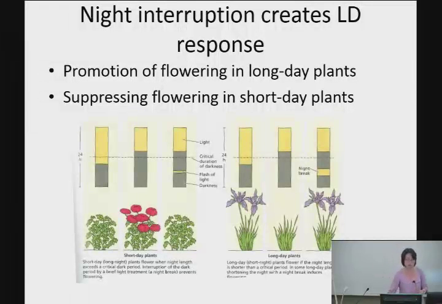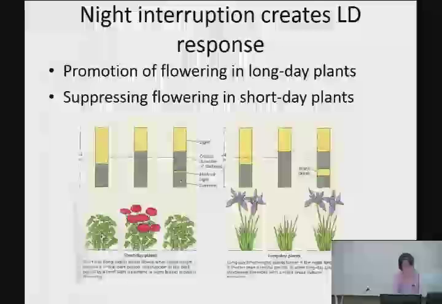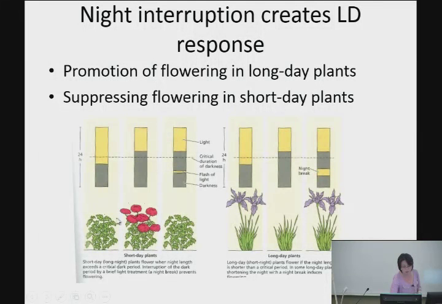So if you break the night time into shorter pieces, because plants are sensing dark period rather than actual photoperiod, then the flowering response happens. So this one under short day, this is a critical photoperiod, right? Longer than the critical photoperiod, short day plants don't flower.